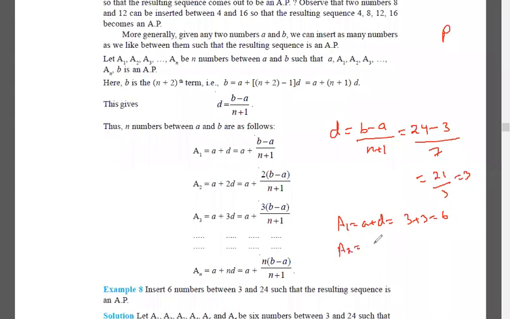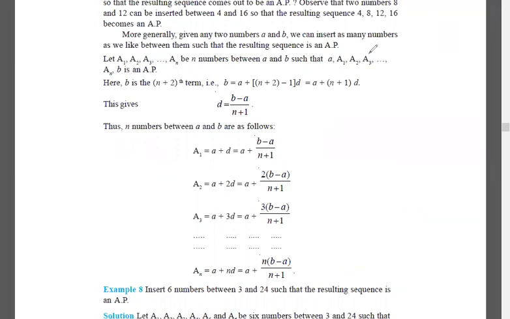A2, second AM, A plus 2D, which is 9. A3 is 12, then 15, 18, 21. Got it, guys? And 24 is the number. So 3 is your common difference, and 6, 9, 12, 15, 18, 21 are your 6 AMs.